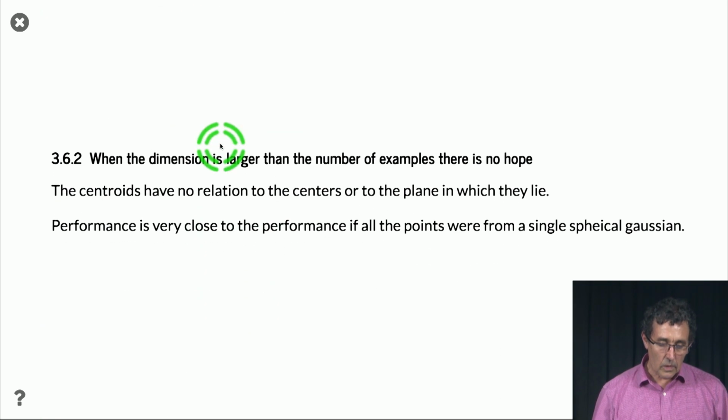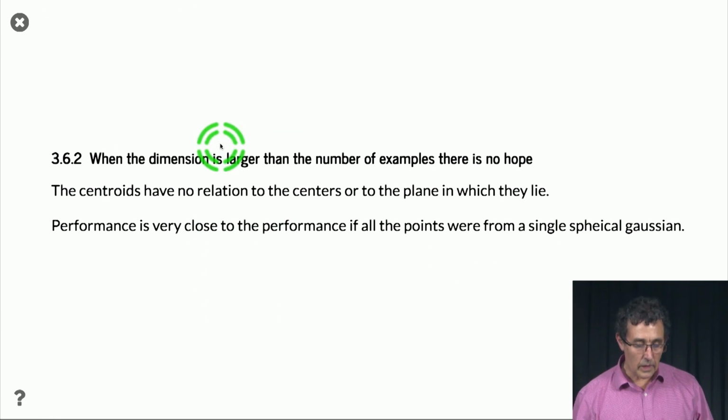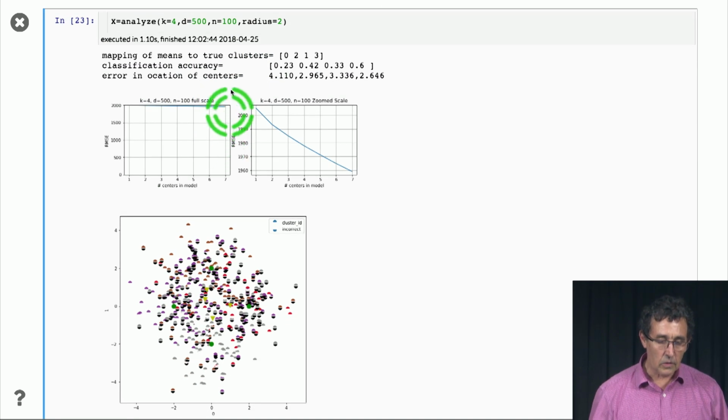And now, if we go to an even larger dimension, so here we have a dimension of 500, and the number of examples is just 100, then everything breaks down, right? So we have more dimensions than we have examples, which, in general, people expect to never work.